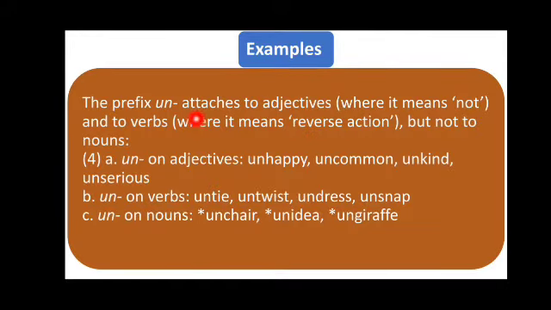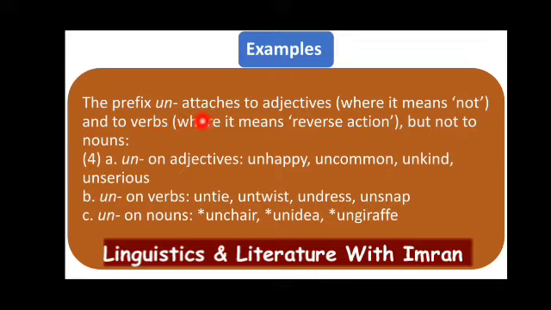Examples continue. The prefix un attaches to adjectives, where it means not, and to verbs, where it means reverse action, but not to nouns. Remember, we are learning affixation, the meaning of prefixes and suffixes.